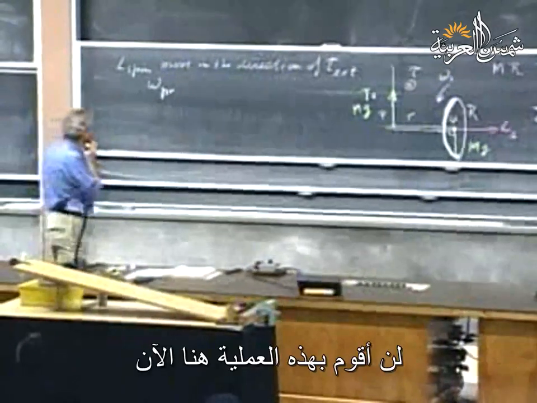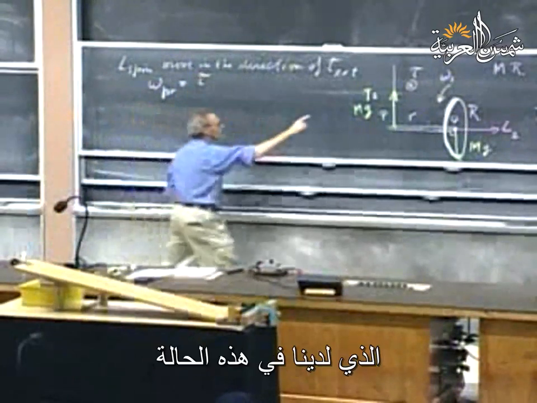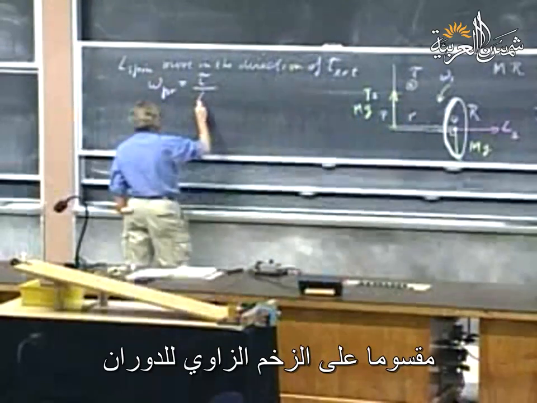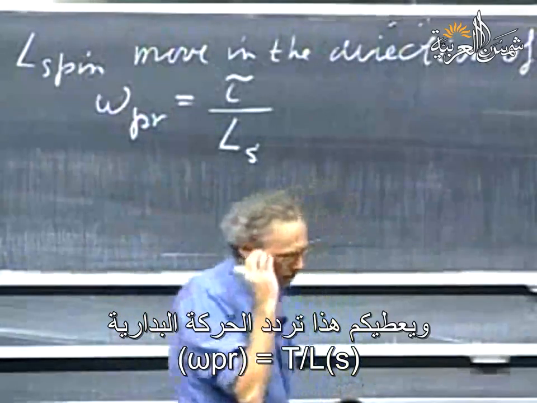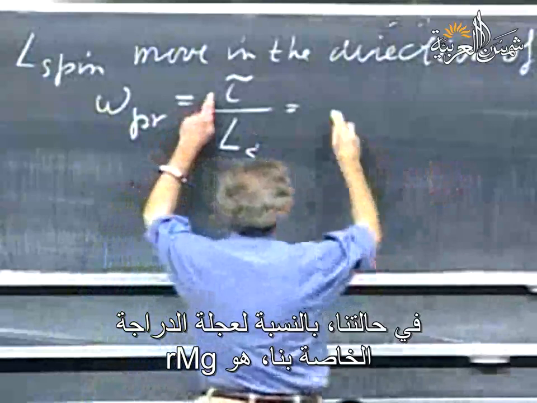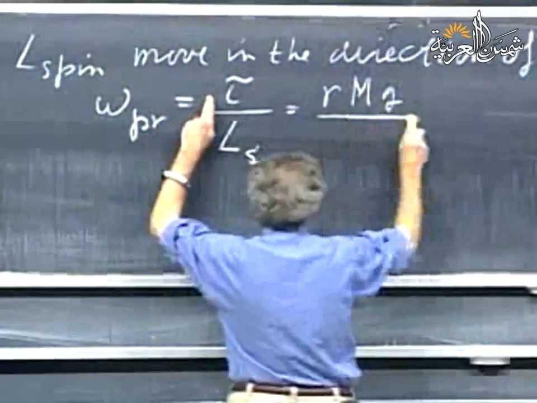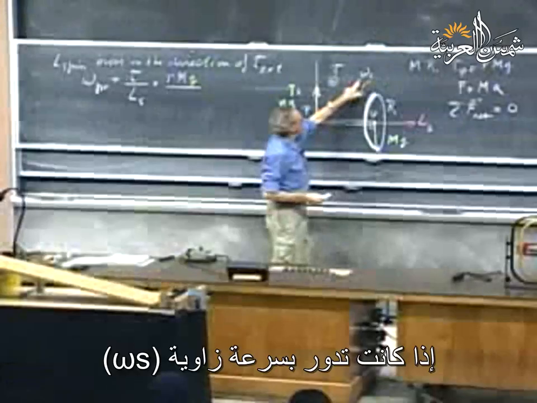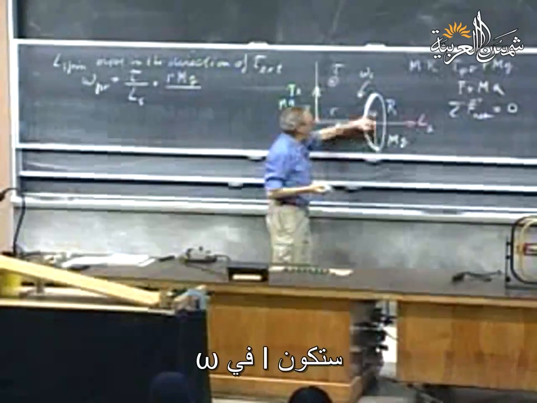Now, I will not derive it here, but what comes out of it is that the frequency of the precession is the torque, the one that we have here in this case, divided by the spin angular momentum. In our case, for our bicycle wheel, it is rmg, and the spin angular momentum of this wheel, if it is rotating with angular velocity omega of s, would be I times omega.